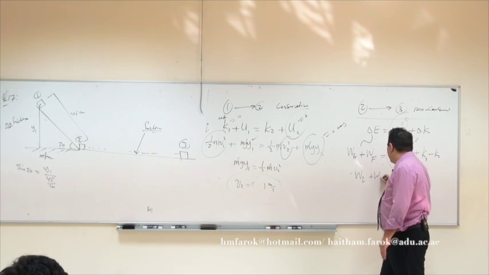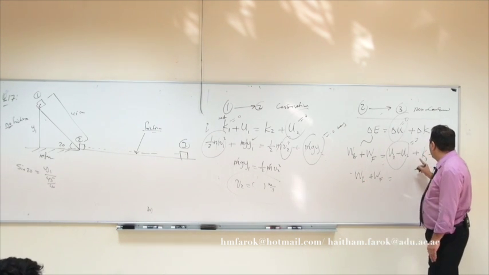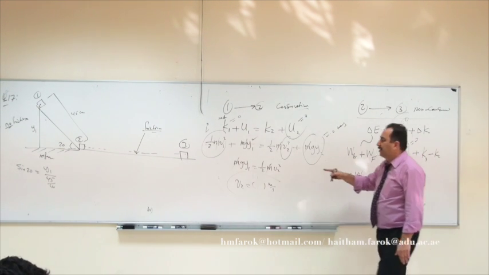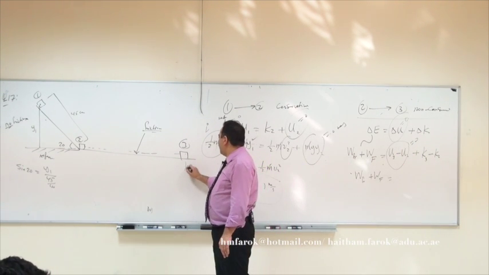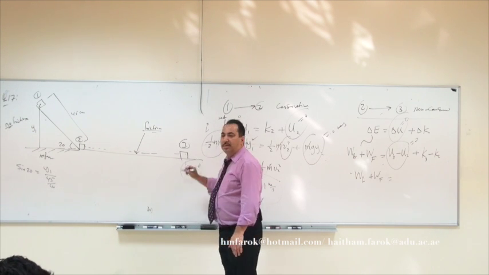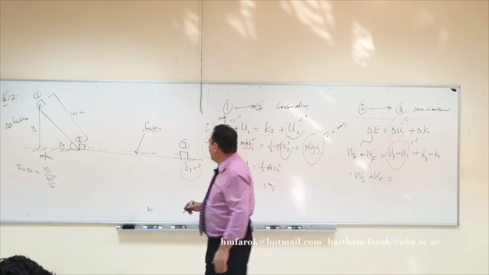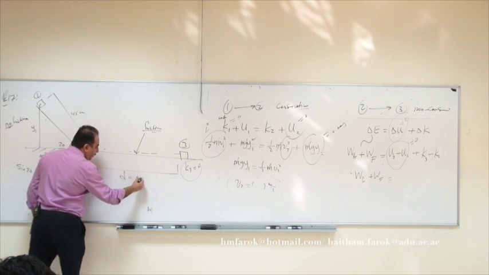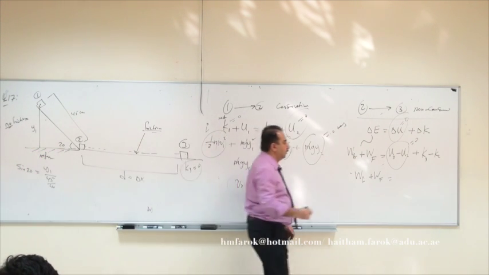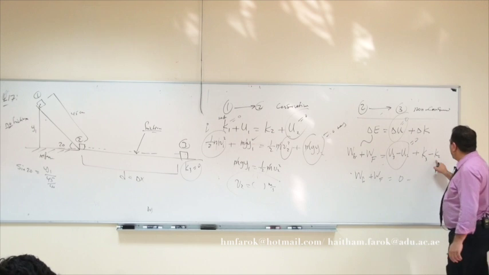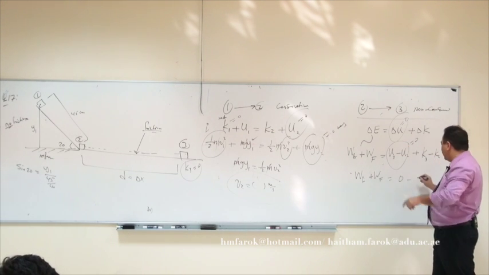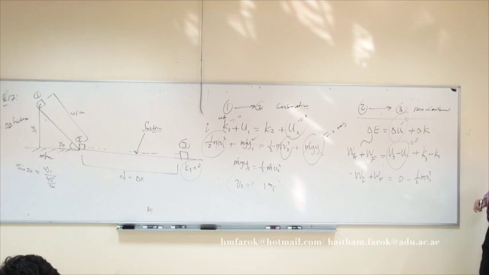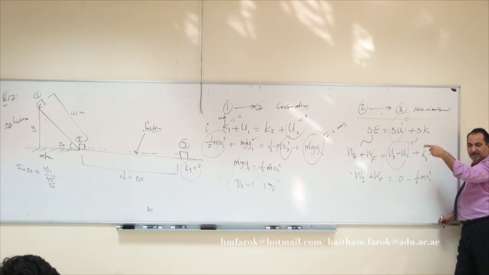W friction equals kinetic final at 3 minus kinetic initial. K3 is what? Because it stops, we need the maximum distance, so it is 0. Kinetic initial, which is at 2, half mv2 squared. Didn't you find v2 from the first part?